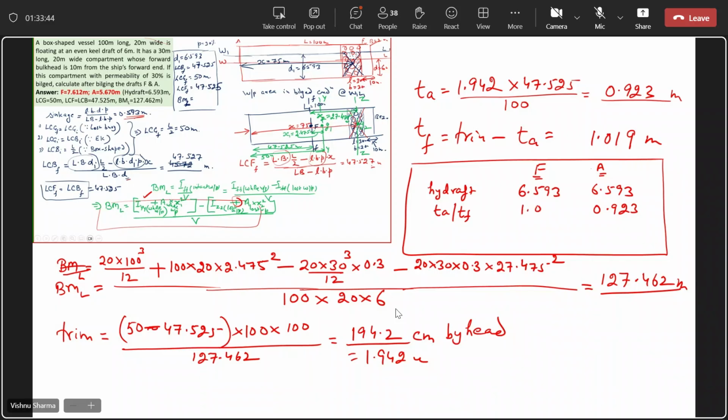TF 1.019. As the trim is by head, TF will be added, TA will be subtracted, and this shall give us the post-bilging drafts. And answers are 7. I'm picking from the answer. I'm not doing addition subtraction. 5.670 meters. And these are the answers to the question.